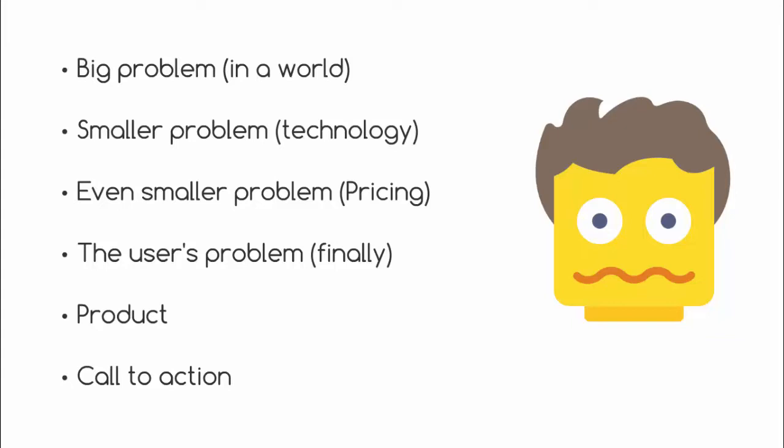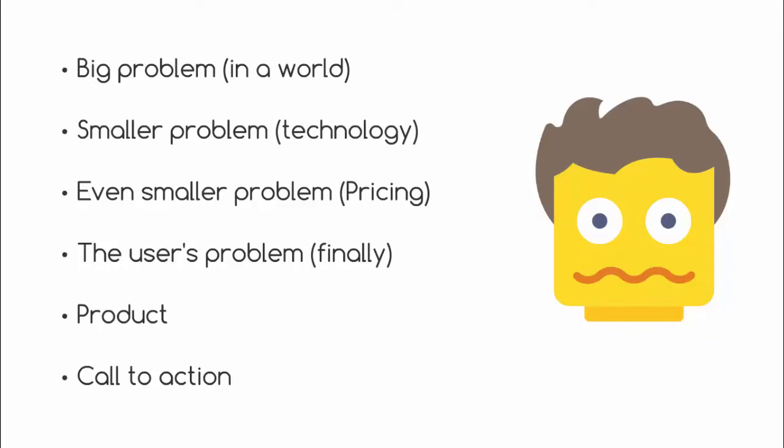Now the wrong example will always start with the big problem. The product talks about this huge problem throughout the world, and then it will go into a smaller problem, which could be more technical or technology related. Then the script might go into an even smaller problem, let's say a pricing issue. So basically the script is going from a general problem to more specifics.